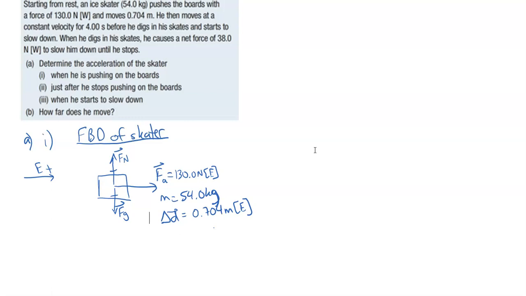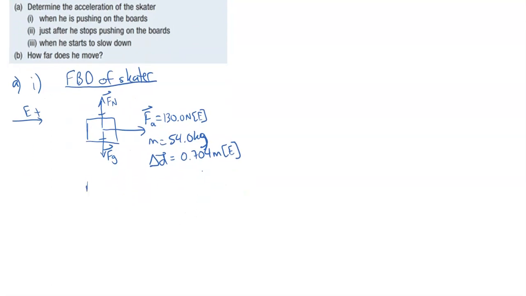As we've always done for these types of questions, the net force is equal to the mass times acceleration. We know the net force is that applied force. If we're trying to figure out the acceleration, we divide both sides by the mass.